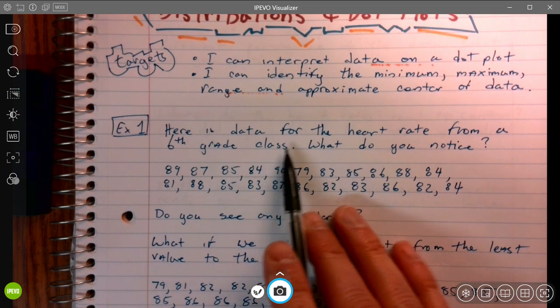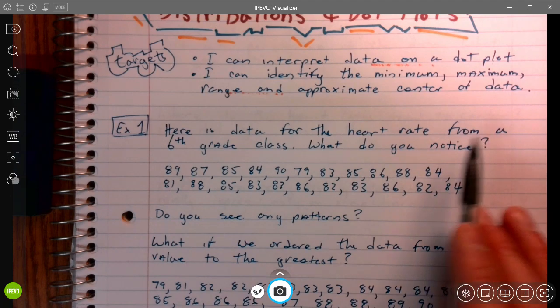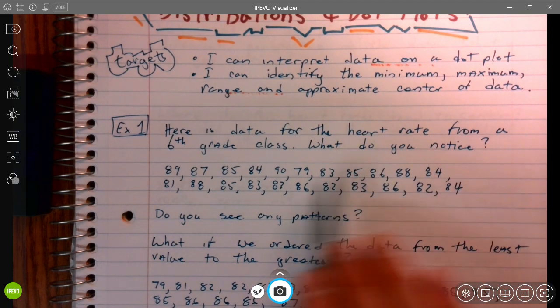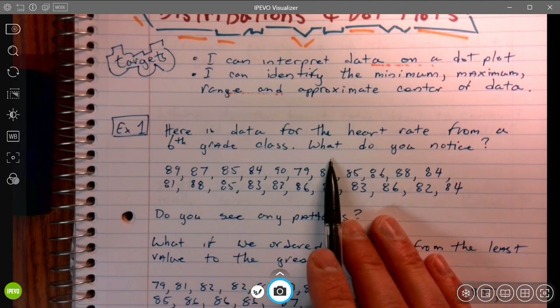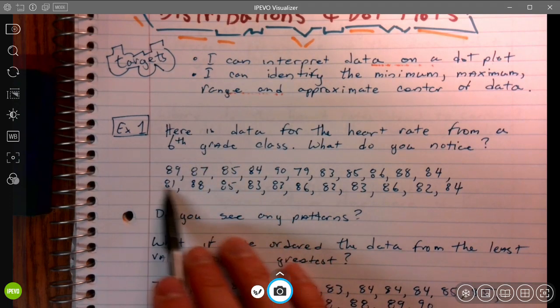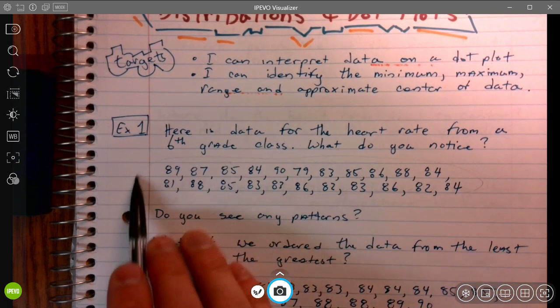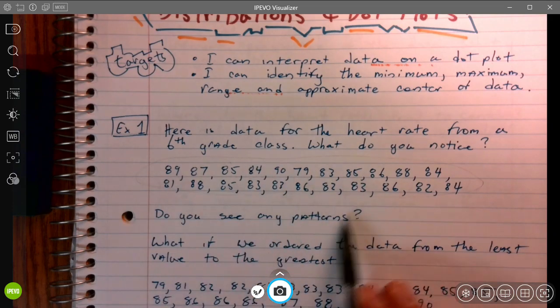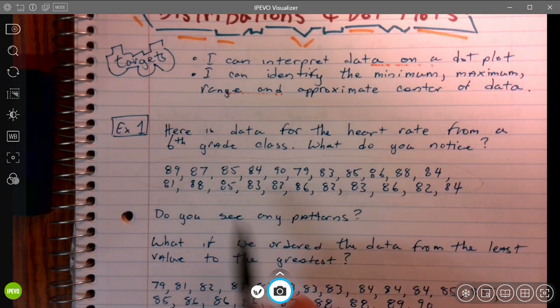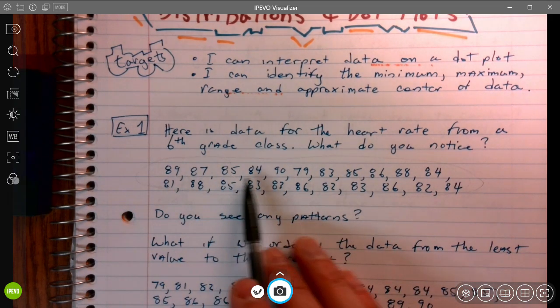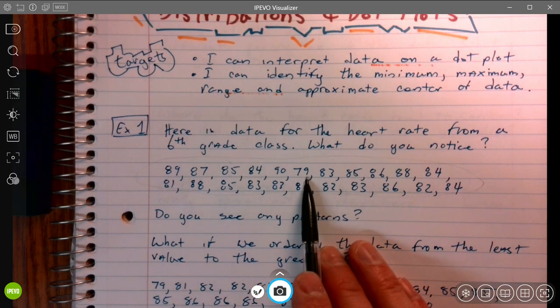All right, so here is data for the heart rate. Here's the data of heart rates from a 6th grade class. I have all these heart rates right here. We got like 89, 87, 85, 84, 90, 79, 83.